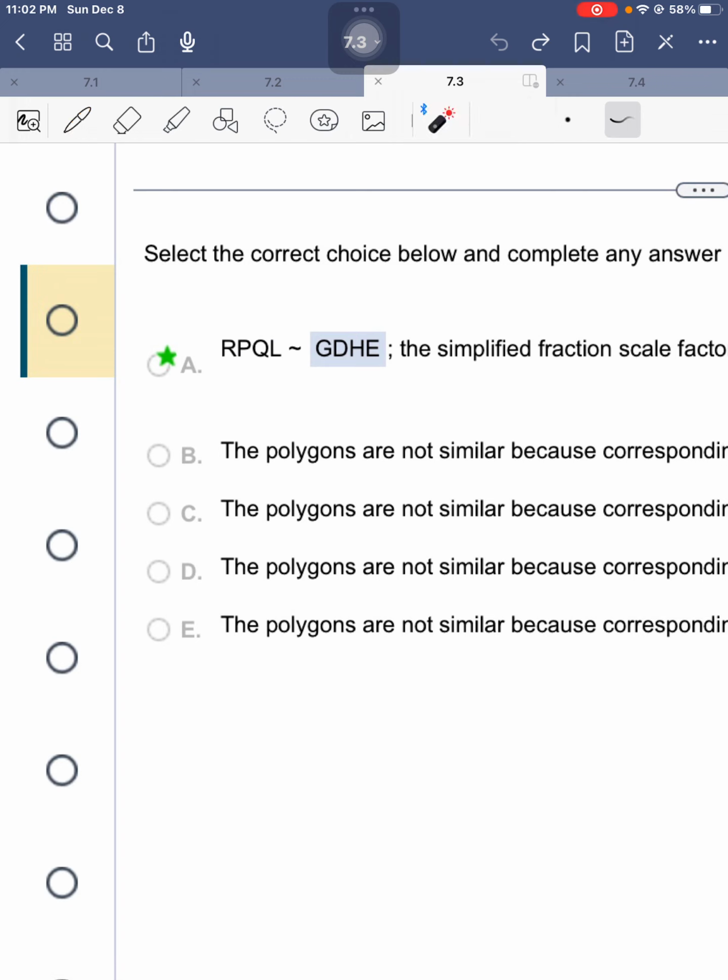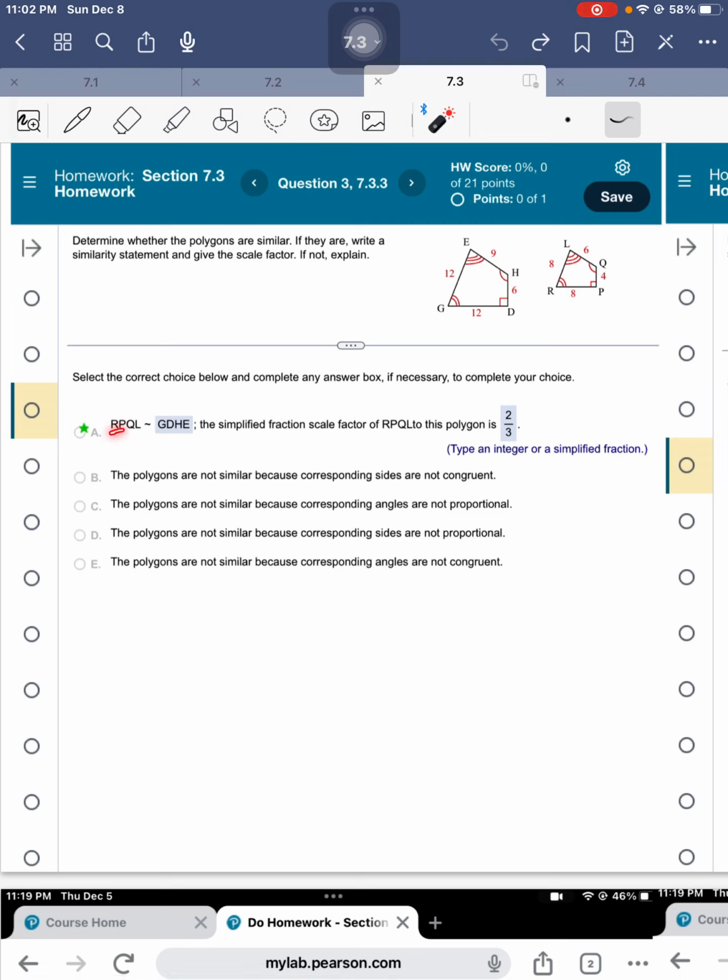So now, after we write which angles are the possible ones, because we still don't know if it's similar, but if these two polygons are similar, this is going to be how we express those polygons. RPQL is similar to, and then you just match the corresponding. R has how many arcs? 2 arcs. So G must have 2 arcs.